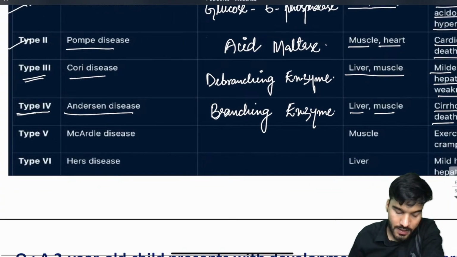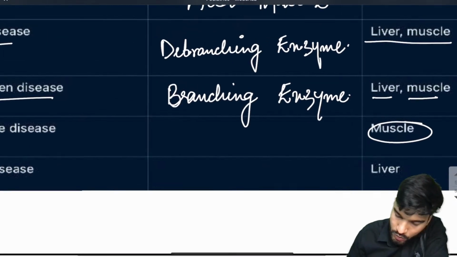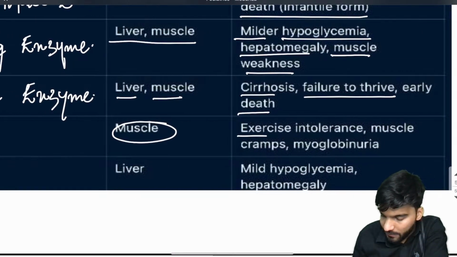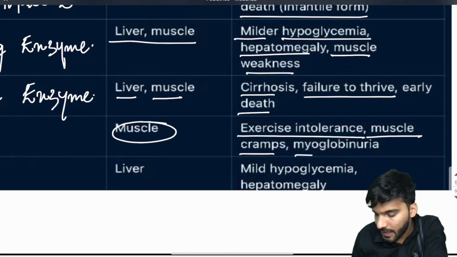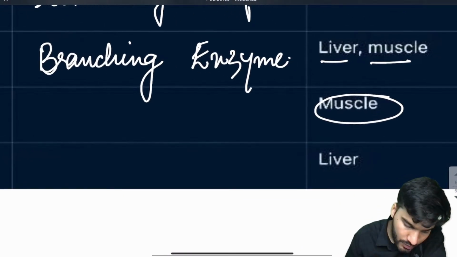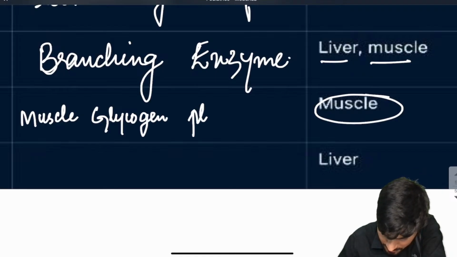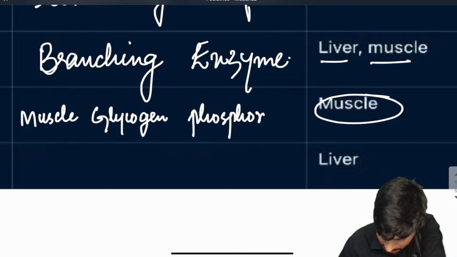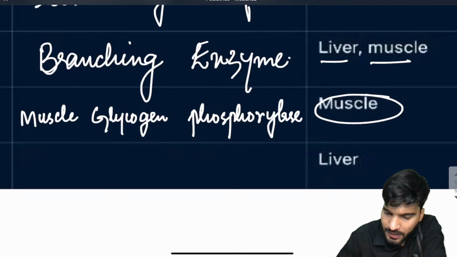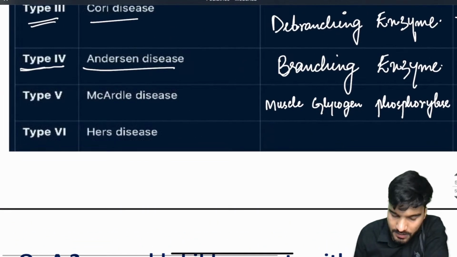Next one is McArdle's disease. M for McArdle, M is muscle. It usually involves the muscle, that's why the patient has exercise intolerance, muscle cramps, and myoglobinuria. The enzyme deficient is muscle glycogen phosphorylase. Now the next one is type 6, Hers disease.